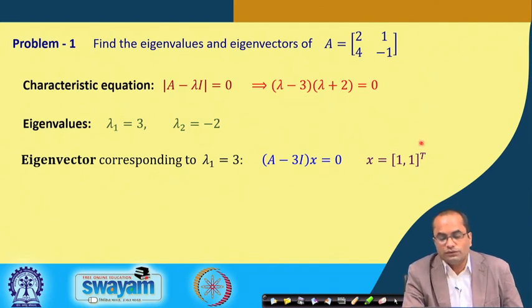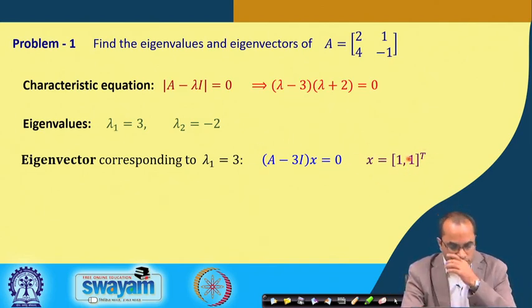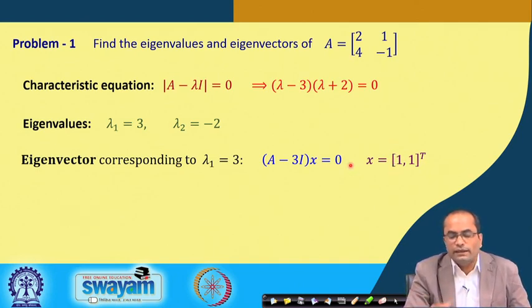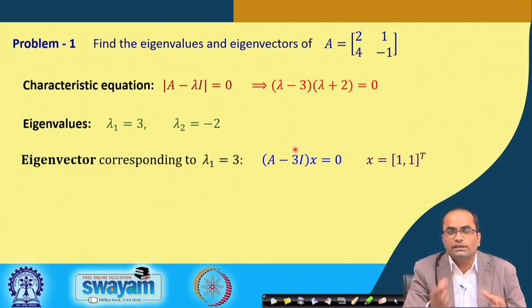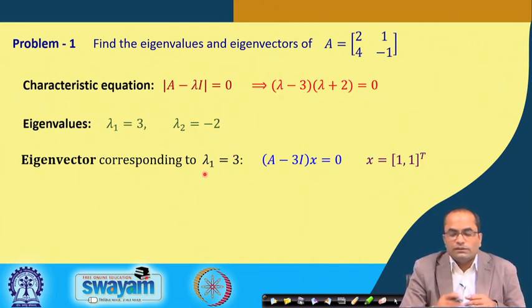So, that is the solution we get out of this, that is one solution, and any multiple of this. We can have 2, 2 or any number we multiply to this, and that will be the solution of this equation, meaning the eigenvector. So, the eigenvector is never unique. Corresponding to lambda 1 is equal to 3, we got this vector 1 1, and that also needs to be mentioned, because 2 2 will also be a solution and will also be an eigenvector.